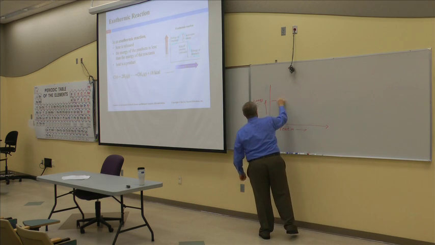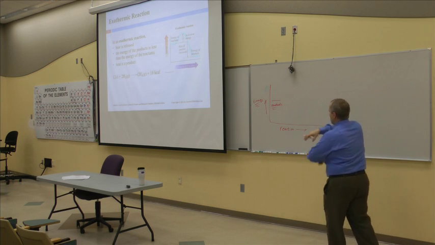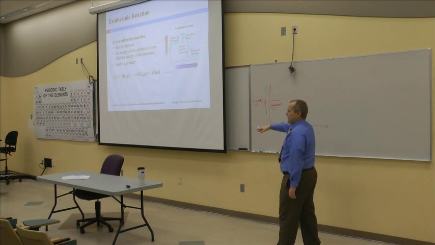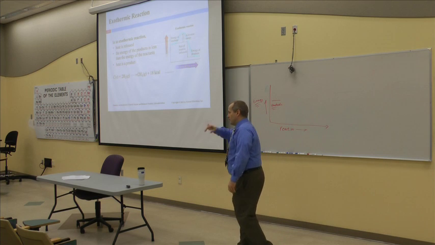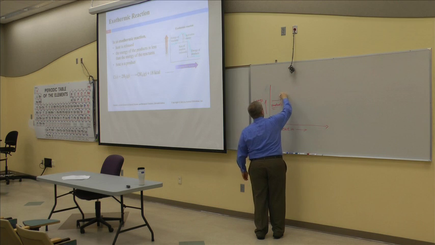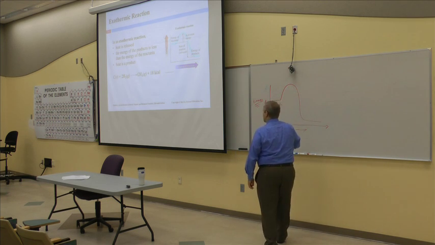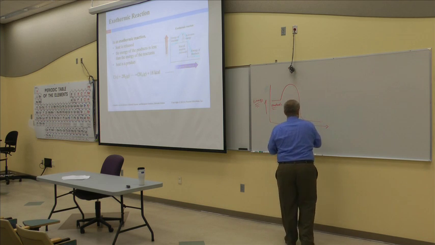So we're going to start here. These are our reactants. The reactants started at a certain energy. We're not going to say what the energy is, it just started at a certain energy. And now, we're going to get a curve that looks like this. And I'll describe what this curve means. And these are products over here.